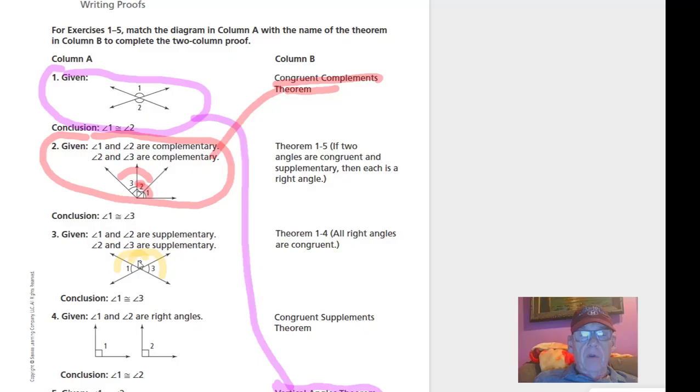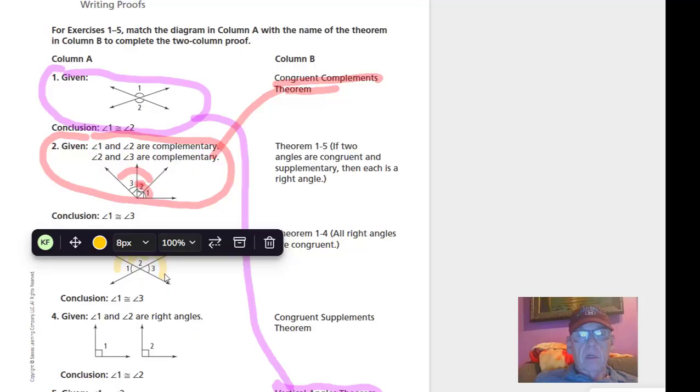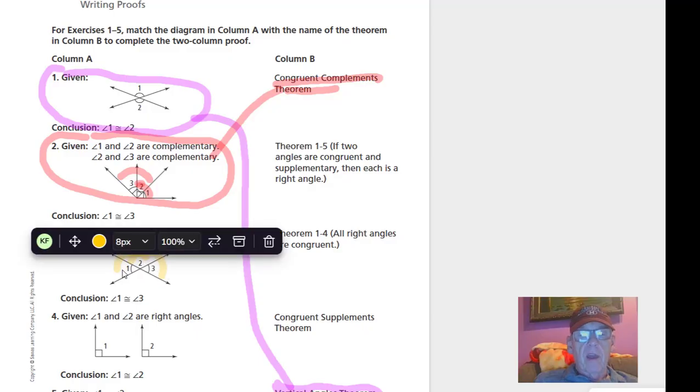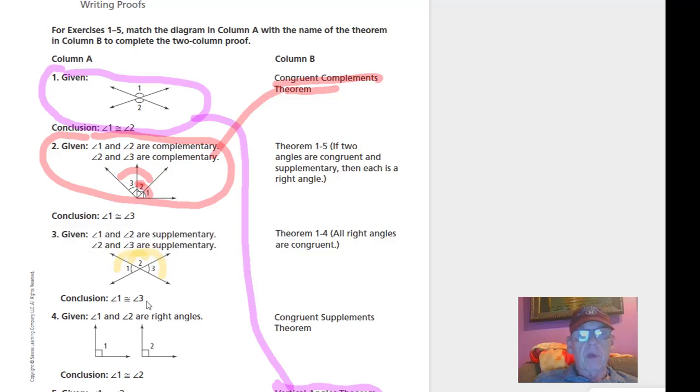And if angle 2 is 120 degrees, and since 2 and 3 are also a linear pair, which means that they make a straight angle and have to add to 180 degrees, 180 take away 120 makes 60 degrees also, and angle 1 and angle 3 must be congruent since they're both equal to 60 degrees. So we call this the congruent supplements theorem. So congruent supplements is here, and it goes with number 3. So these go together.